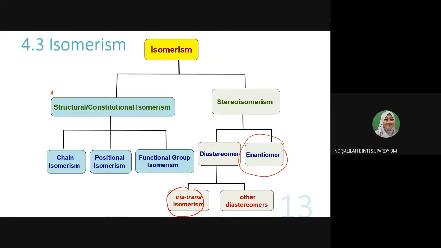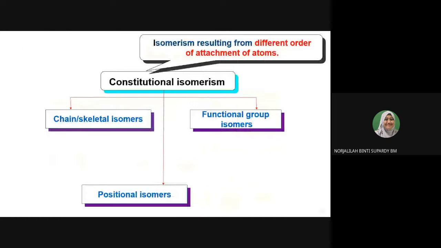So these are what we have in the syllabus. Constitutional isomerism is how we draw the structure, different arrangement or different attachment of atoms in the molecule.